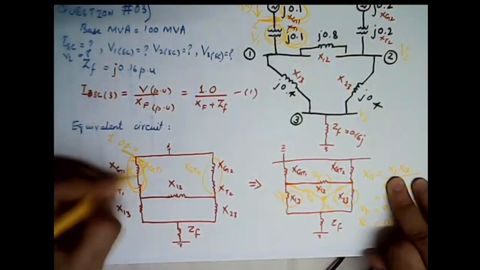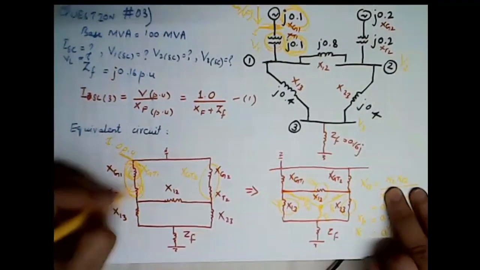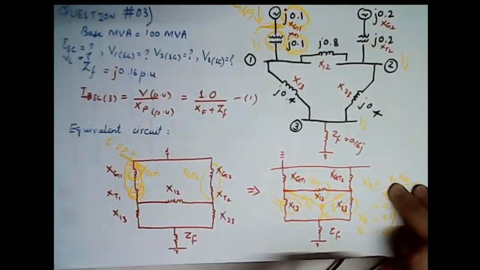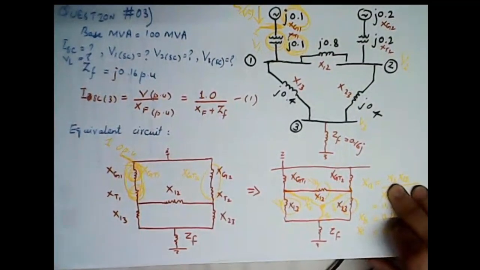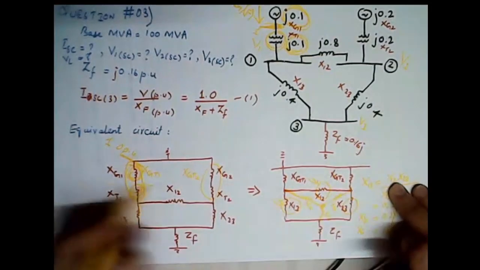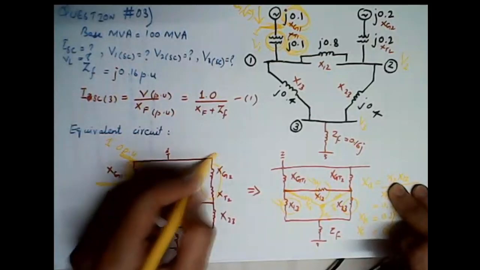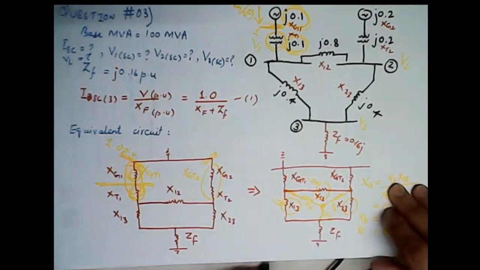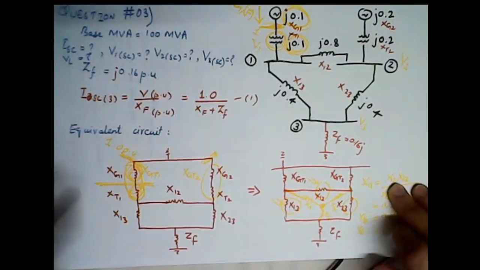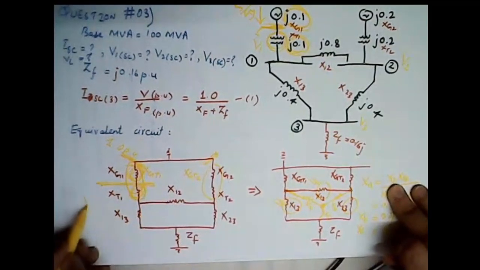There will be a drop across the generator reactance, and there will be a drop across the generator transformer reactance. Basically 1 per unit is the generator internally generated voltage. I am sorry, I think in the previous sentence I said it's terminal voltage. The terminal voltage is at this point, which is not 1 per unit. The internally generated voltage for both the generators is 1 per unit, and then there is some drop at the generator reactance as well as the transformer reactance, and after this drop we have what?